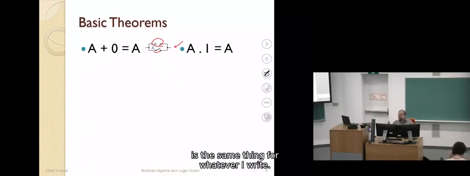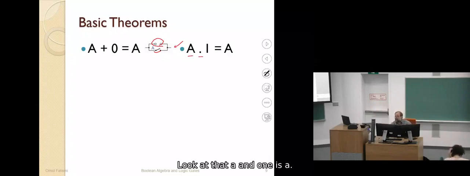The same thing for whatever I write on the left-hand side, I write some kind of dual for the other part, where the plus, the OR, will be AND, and 1 would be 0. So look at that.